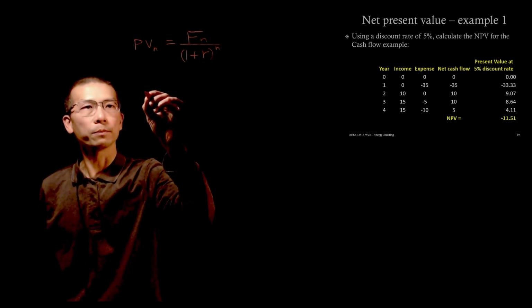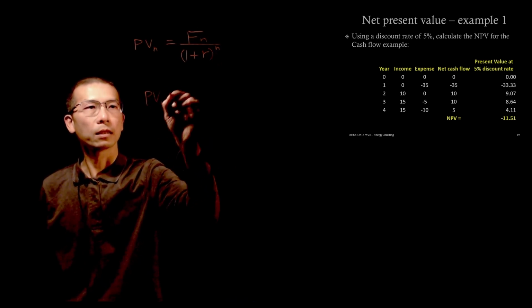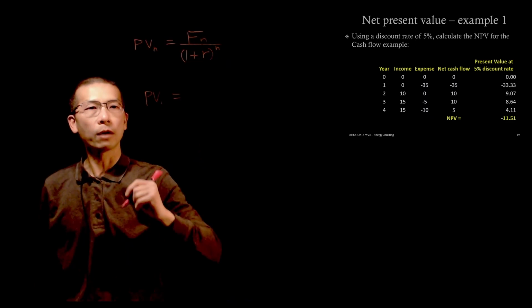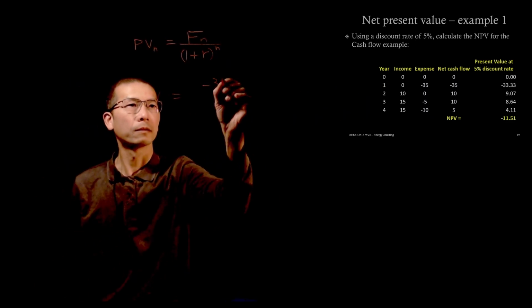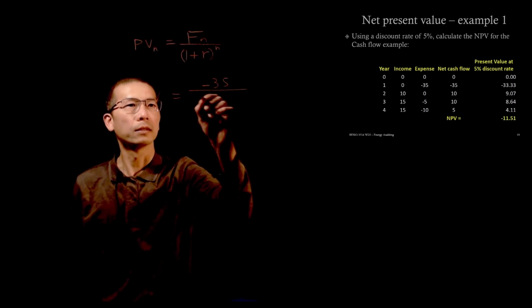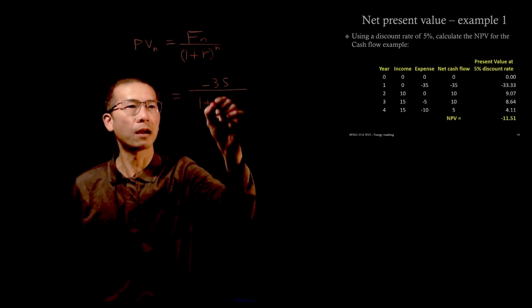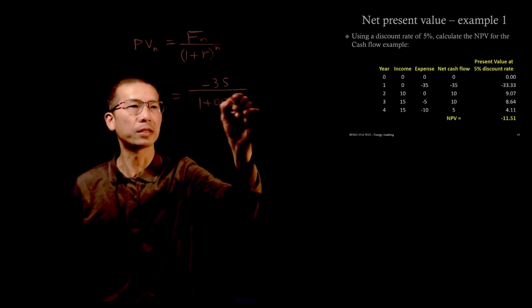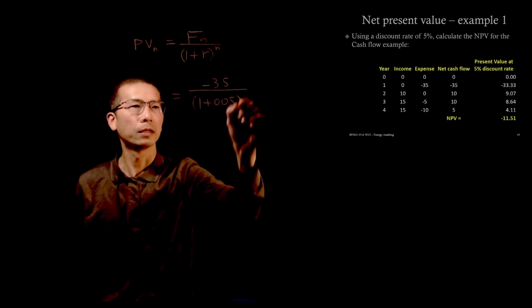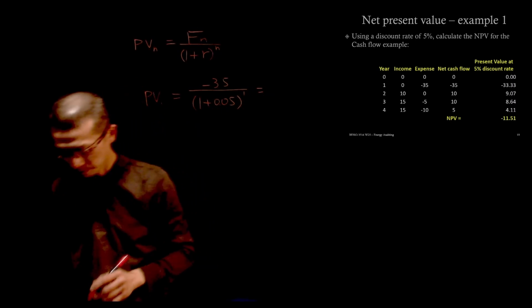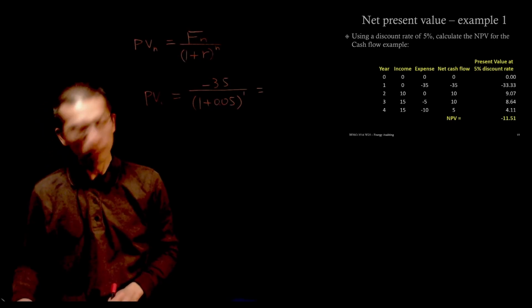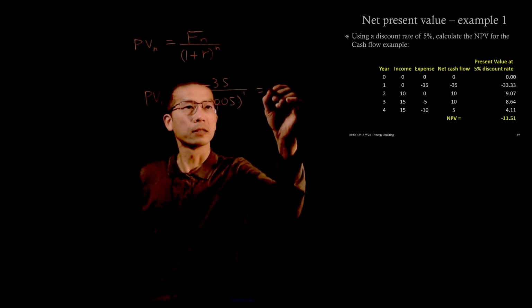So first one, PV1 and F1. What's F1? Minus 35. That's the expense. 1 plus r is 1.05, to the power of 1. And that's equal to minus 33.33.